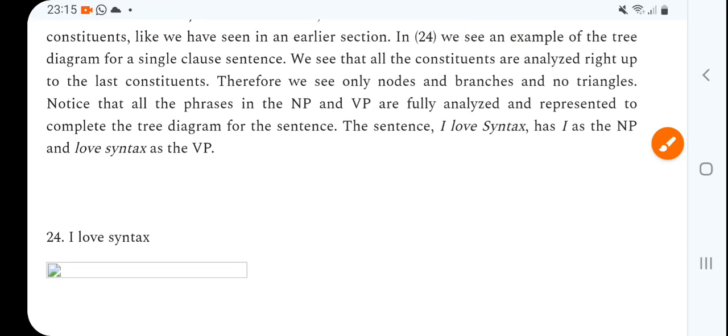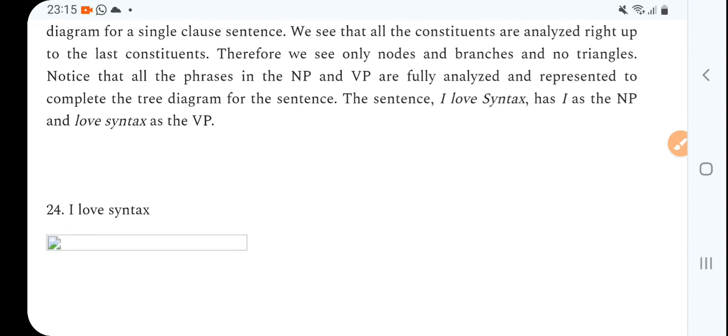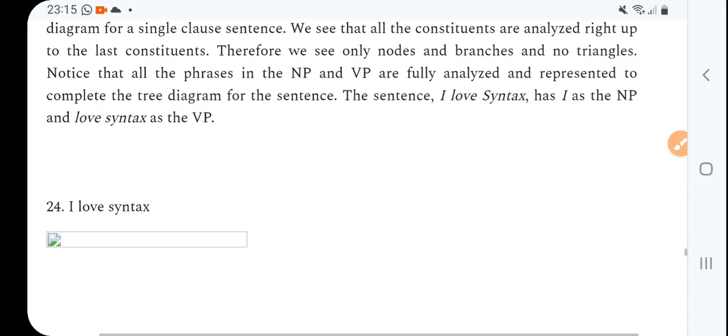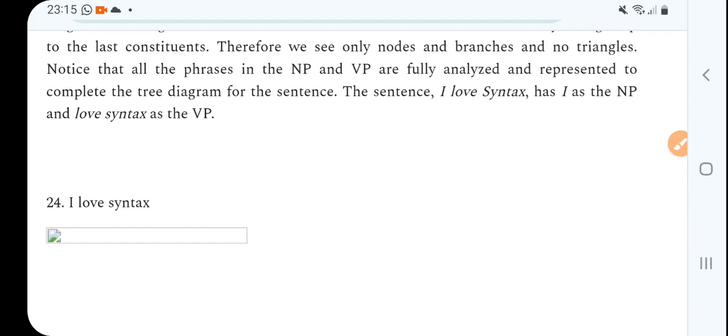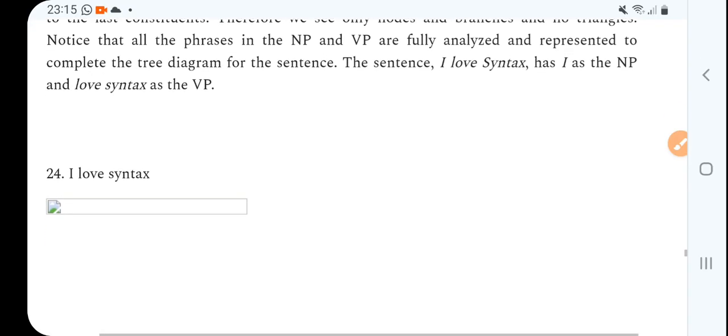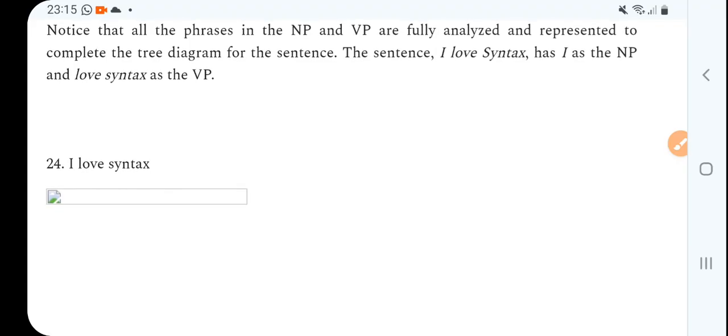Like we have seen in the earlier section, in tree diagram 24 we see an example of a tree diagram for a single clause sentence. We see that all constituents are analyzed right up to the last constituents. Therefore we see only nodes and branches and no triangles. Notice that all the phrases in the NP and VP are fully analyzed and represented to complete the tree diagram for the sentence.